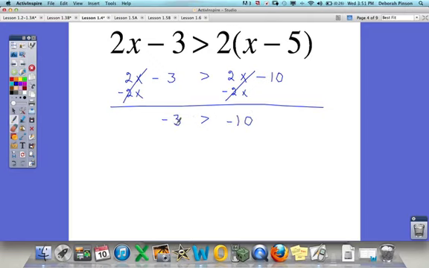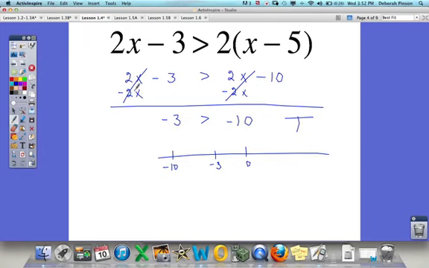Looking at this, -3 is greater than -10. That's true, right? -3 is greater than -10. If I were to do it on a number line, here's -3, here's -10. It's true. It is bigger. In this situation, you're going to have one of two situations. See if you buy this logic.